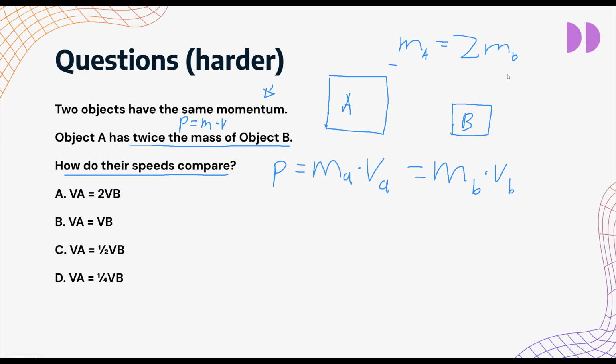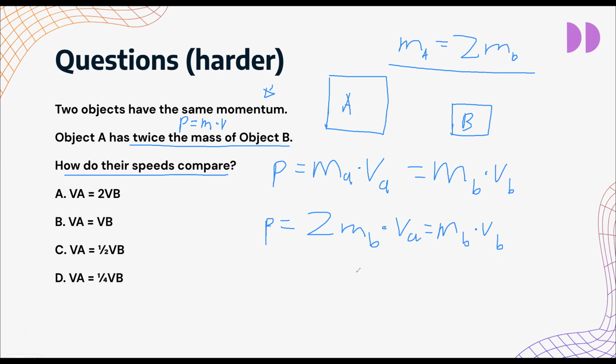And if we look here, it states in the question that object A has twice the mass of object B. So we can just plug this into what we have to get P equals 2mb times VA equals mb times VB.